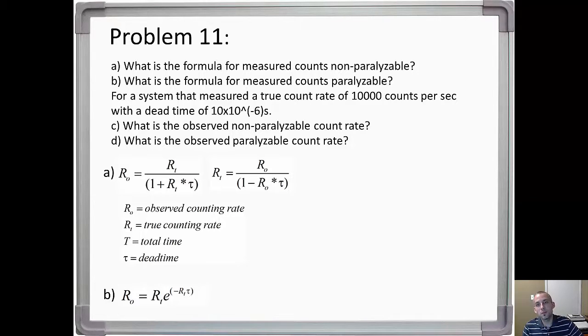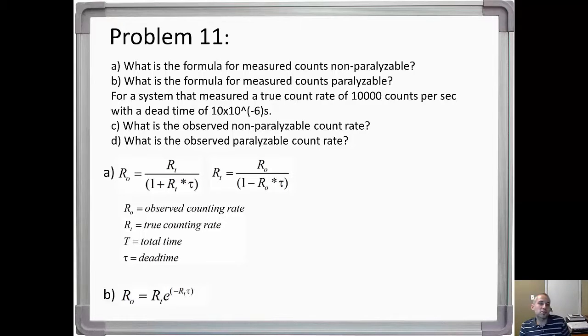So the difference between a non-parallelizable and parallelizable system is if you have a detection system that is within a dead time and a count occurs, like a radiation count occurs while it's in dead time, the non-parallelizable system just won't count that measured count, but a parallelizable system will actually restart the dead time again. So that's the difference if you're wondering.